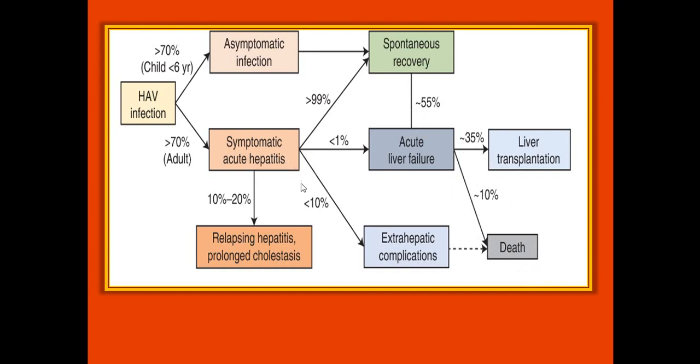For symptomatic cases, in less than 10%, or even more rarely than this, there is the extrahepatic complication, as I mentioned, like the hematological problem, pleural and pericardial effusion, acute kidney injury, pancreatitis, and acute reactive arthritis, and they may lead to eventual death. But remember, more than 99%, whether asymptomatic or symptomatic, have spontaneous recovery, and less than 1% have acute liver failure.